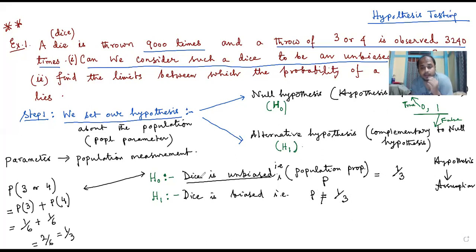Okay. Now, suppose we solve the problem, and after solving it, somehow the alternative hypothesis comes out to be true. Carefully observe that when we say P not equal to 1/3, what does it actually mean? It means there are two possibilities. One possibility is that P is less than 1/3, or P is greater than 1/3.